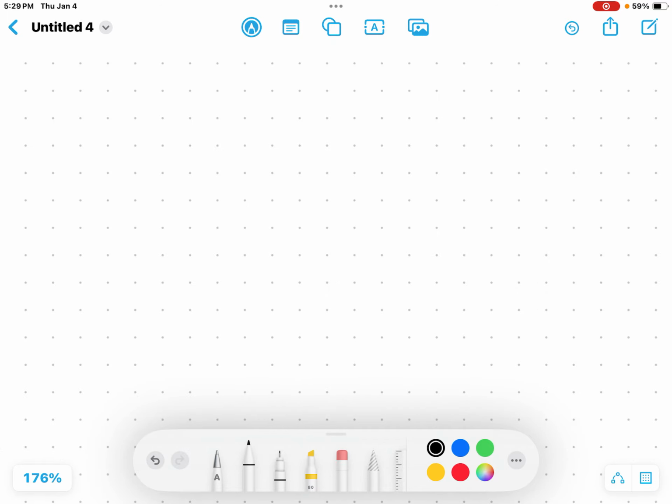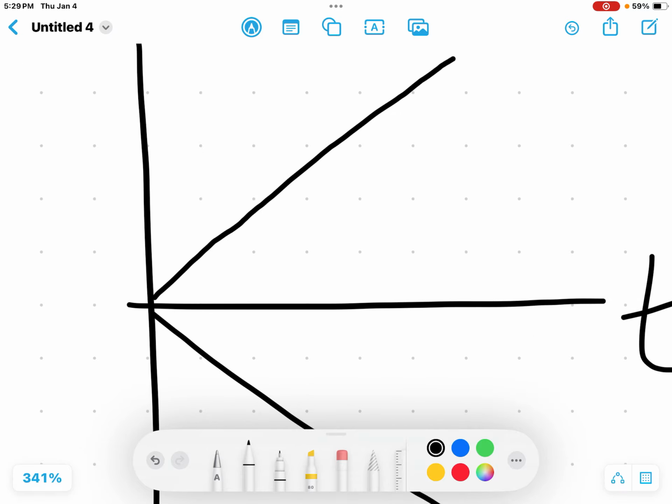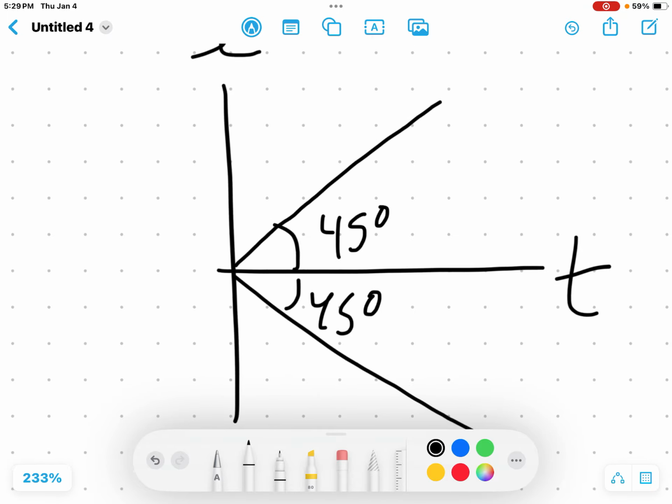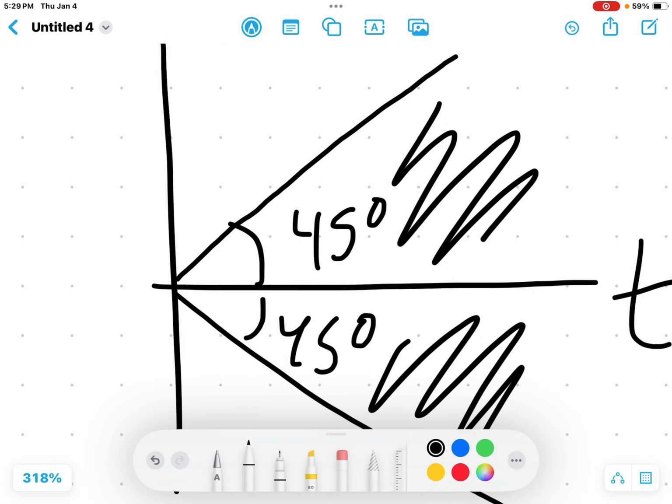So in a space-time diagram, this is my x, this is my t. As time goes on, light spreads out at a 45-degree inclination. This is 45, 45. And we all live in the region within the light cone. We can never escape the light cone.